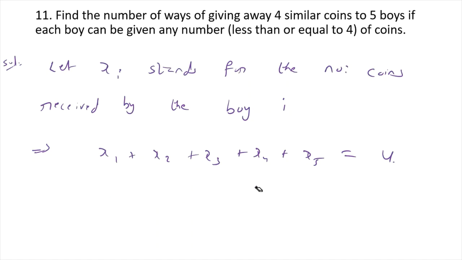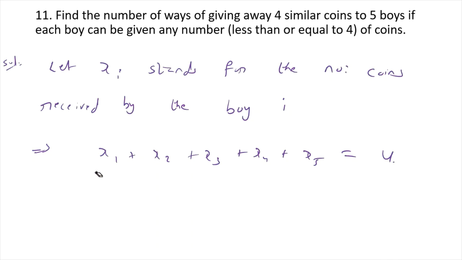Now x1 plus x2 plus x3 plus x4 plus x5 is equal to 4, because the sum of all the coins received by each boy is equal to the total number of coins, which is 4. Now x1 can be 0, so the first boy can get 0 coins also.